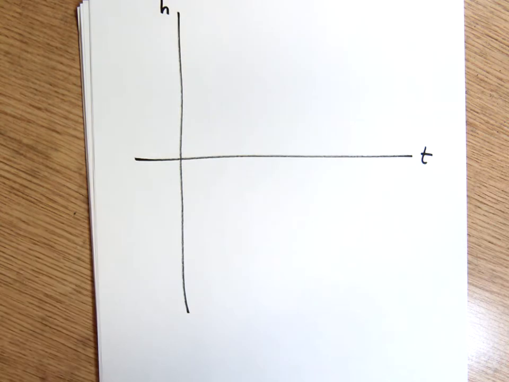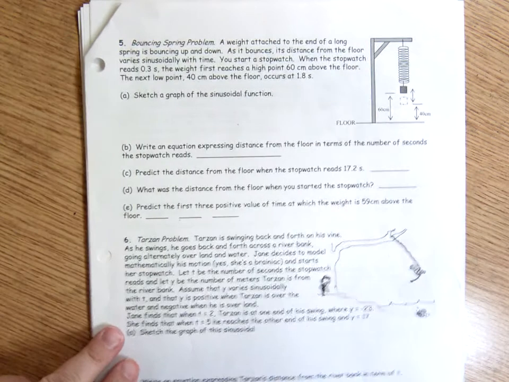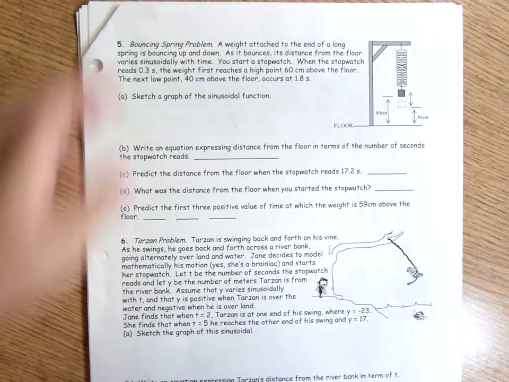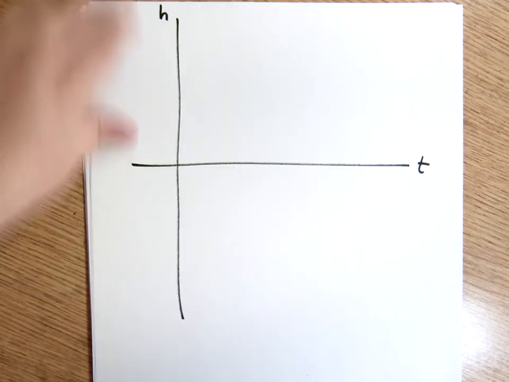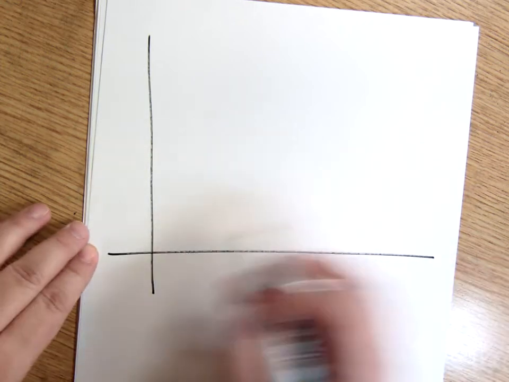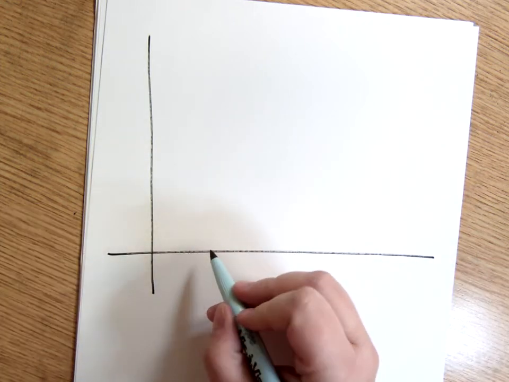So this particular situation says, as it bounces, you start a stopwatch. When the stopwatch reads 0.3 seconds, the weight first reaches a high point 60 centimeters above the floor. Because of where this is, I'm going to change my axes a little bit and draw the world's worst vertical line, but that's how life goes.